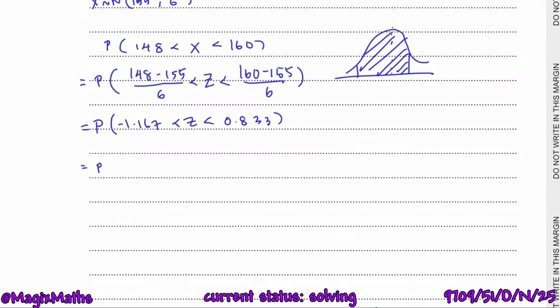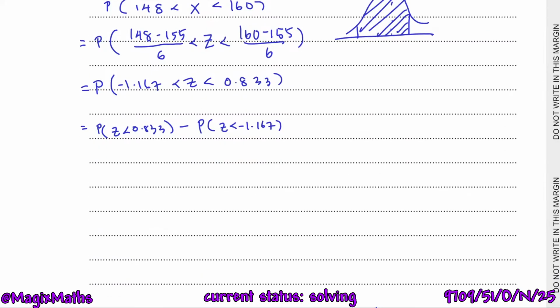It's equal to P(Z less than 0.833) minus P(Z less than negative 1.167), sorry, less than.